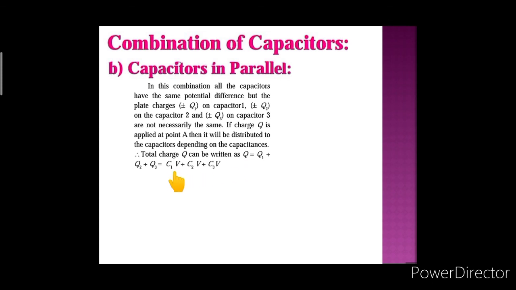So Q1 is C1 into V, Q2 is C2 into V, and Q3 is C3 into V. And over here we can write the equivalent capacitance of the parallel combination as Q is equal to Cp into V. Cp indicates the equivalent capacitance of the parallel combination of capacitors.